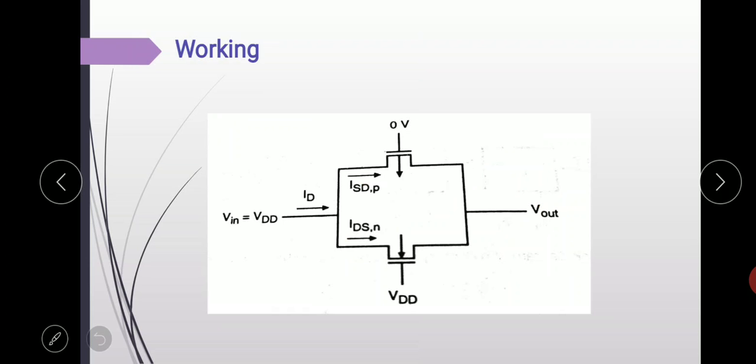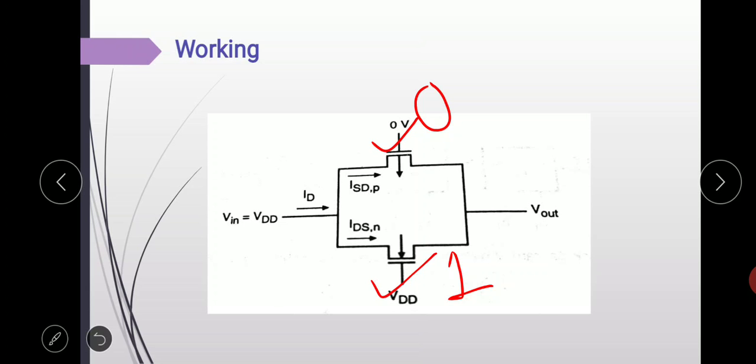The gate voltages applied to these two transistors are complementary signals. So if I give 1 here, then this one is the complement of this. These act as control signals.